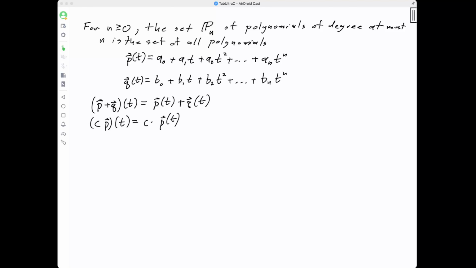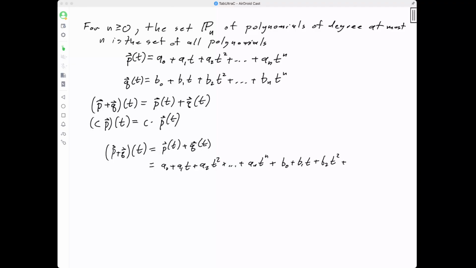So if we think about adding two vectors together, well, p evaluated at t plus q evaluated at t is just going to be equal to p of t plus q of t by how we defined addition, but that's just equal to a0 plus a1 t plus a2 t squared plus etc. plus an t to the n, plus q evaluated at t, which is just b0 plus b1 t plus b2 t squared plus etc. plus bn t to the n.